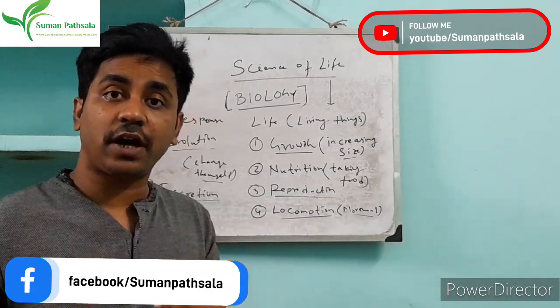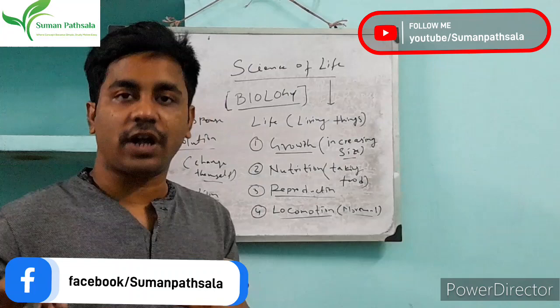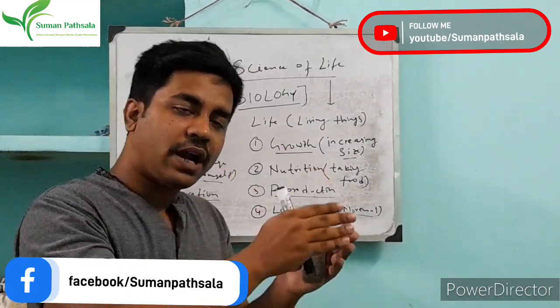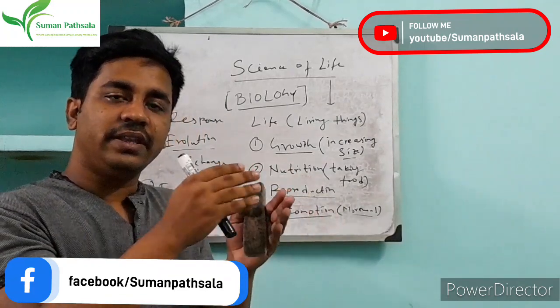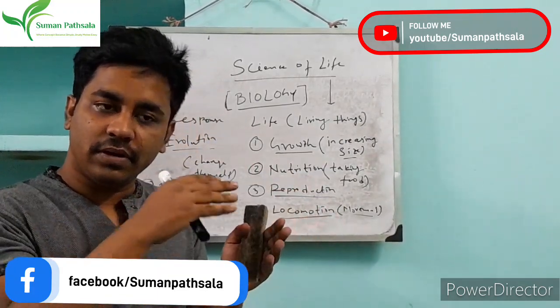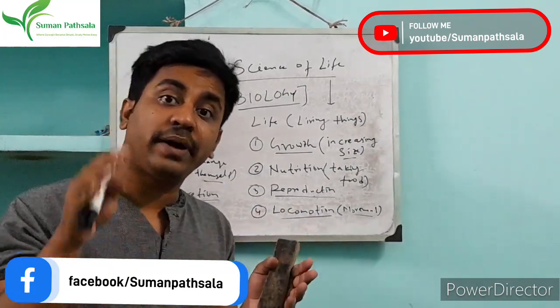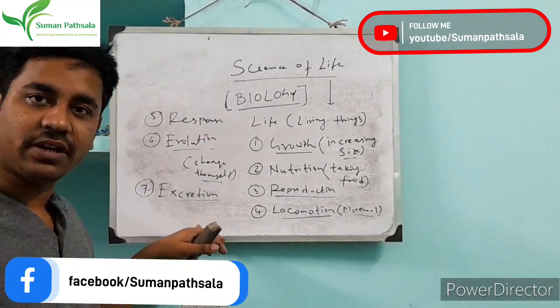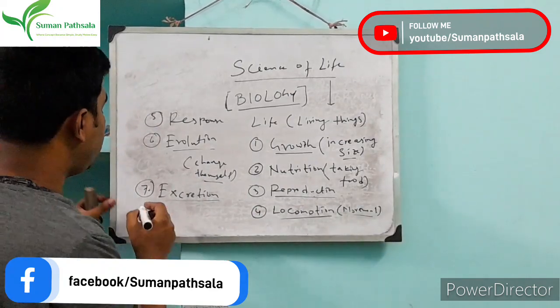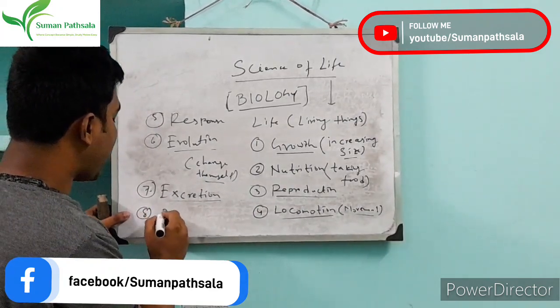What do we excrete? Our waste products. So if any organism is living, that means they take food and they also remove their waste products by the process of excretion. And the last point, I also say, is adaptation.